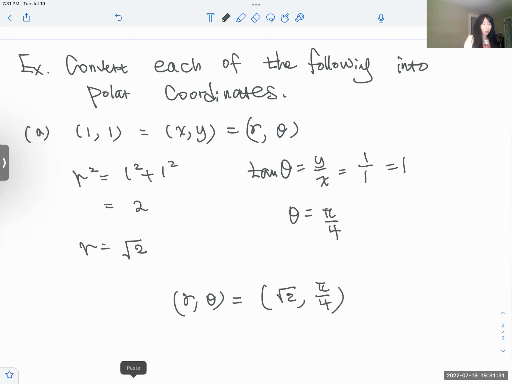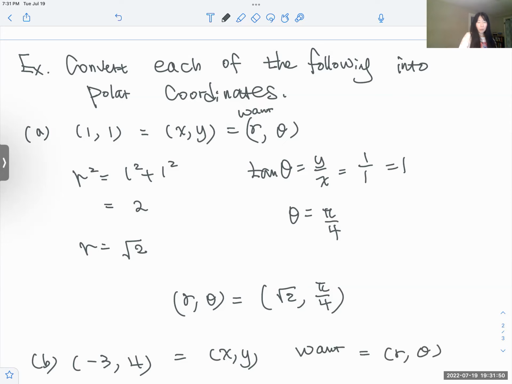Now let us do the second one. We have (-3, 4). This is x, y. We want to make it r, theta. Okay.